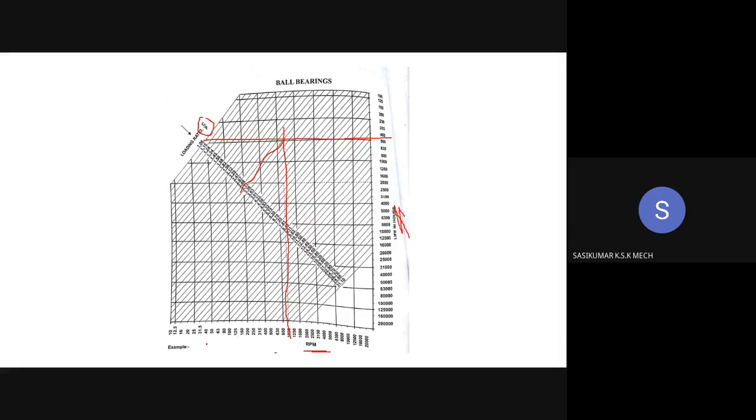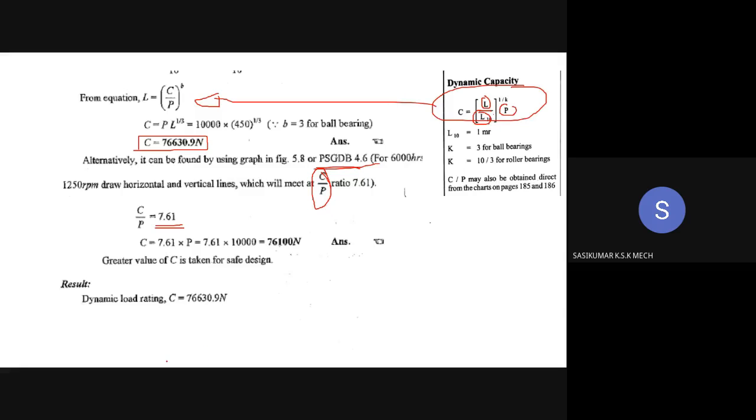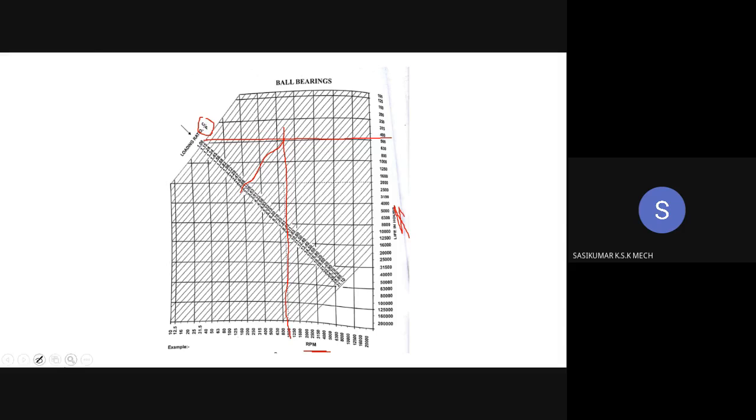This is the C by P ratio. No, correct. Here the hours is different. So 6,000 hours, 1,250 RPM. I have wrongly made it.